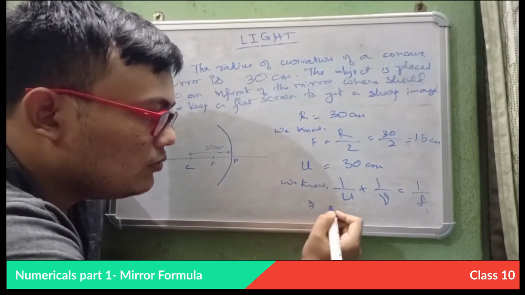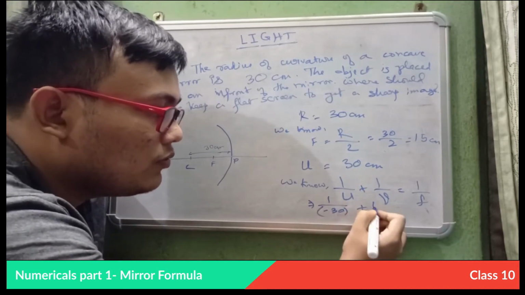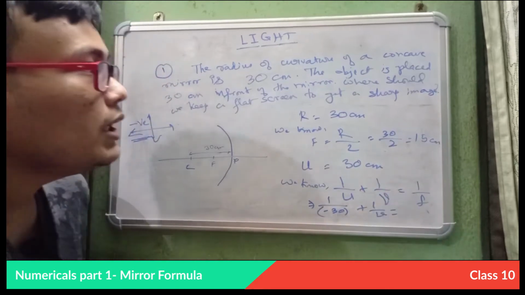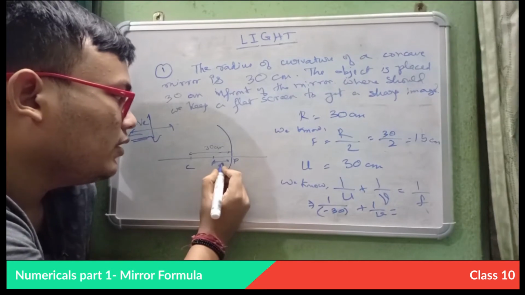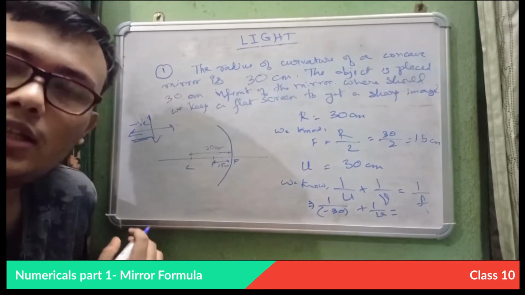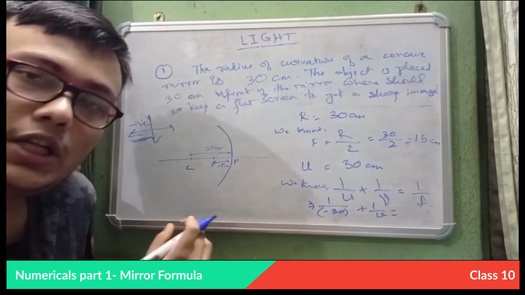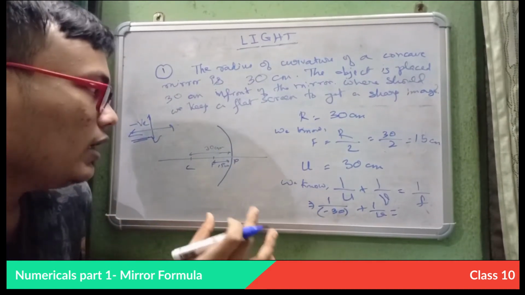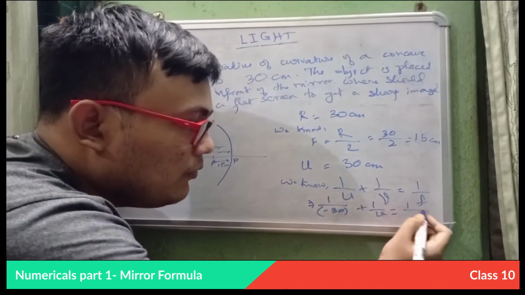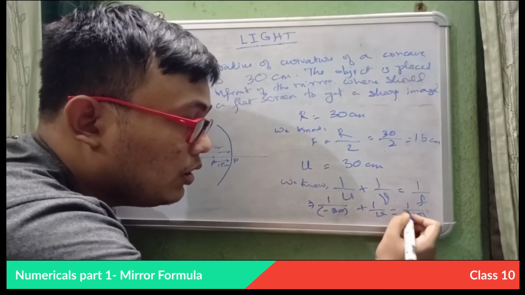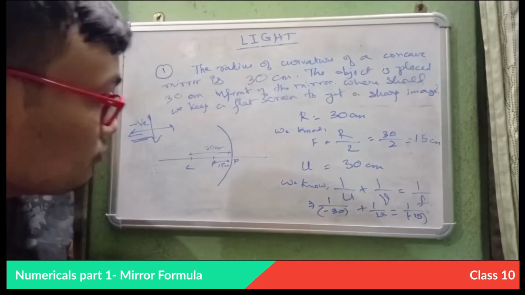So 1 by u is 1 by minus 30, plus 1 by v. And f is also lying in the negative x axis. F is 15 centimeters, on the left side of the mirror, so according to the sign convention we will also consider it negative: 1 by minus 15.